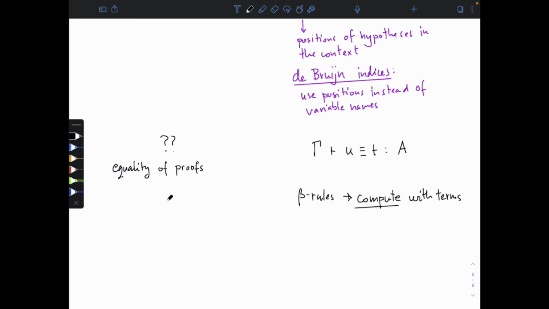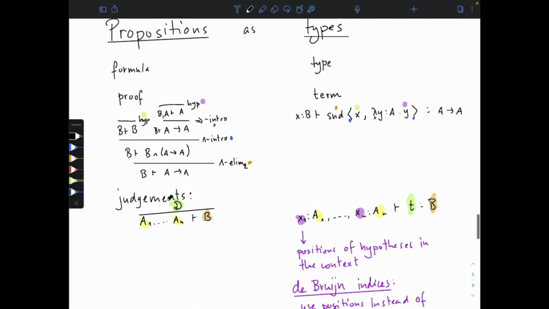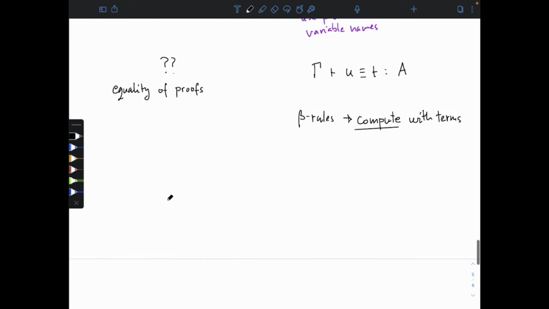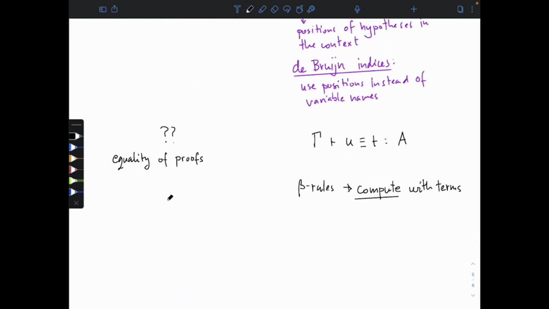And then one day you're going to notice that proofs can be manipulated, and you're going to say, but what are the rules of manipulation of proofs? And then you will, of course, start to actually believe in propositions as types. That will be the point where this is not just something that your professor told you about, but you've internalized it, and you will say, yes, proofs are real mathematical objects, and we can compute with them.